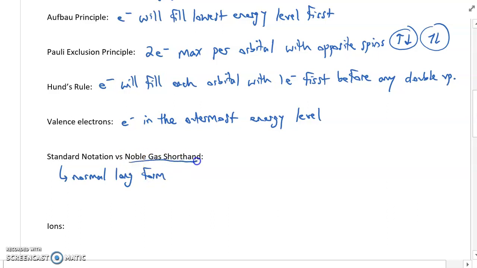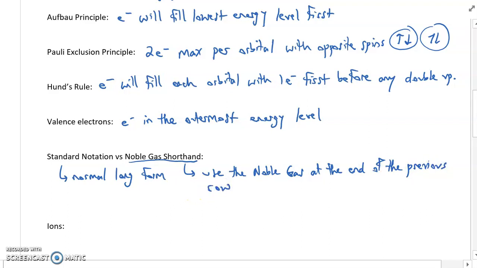And in order to write the noble gas shorthand, you use the noble gas that's at the end of the previous row of the element that we're looking at. And the way in which we'll actually do this is that it will actually abbreviate the entire electron configuration up to that noble gas.